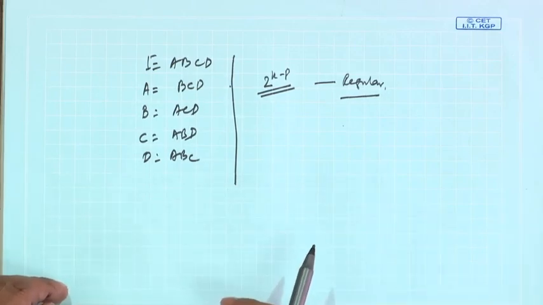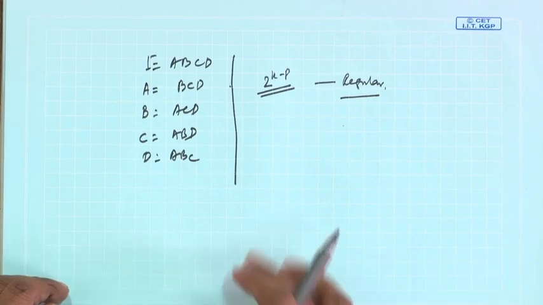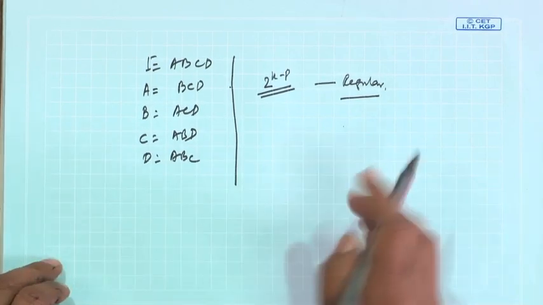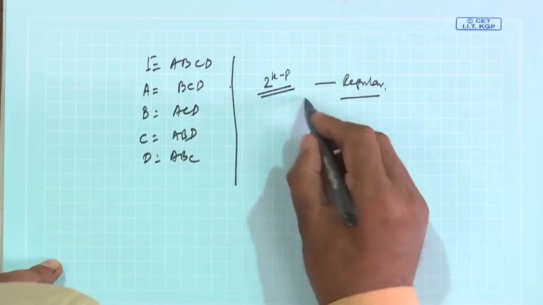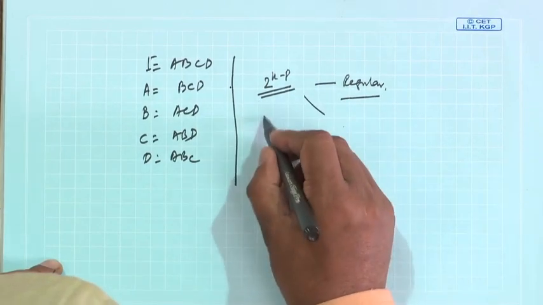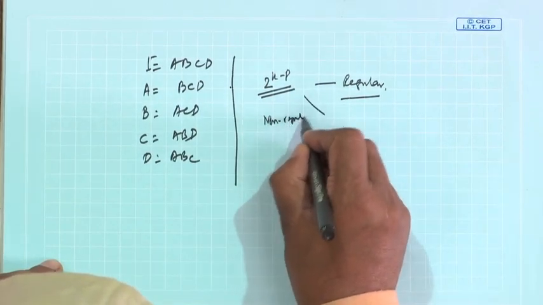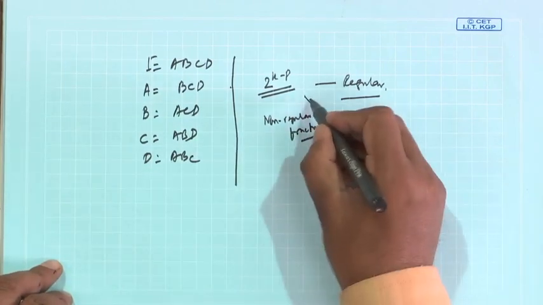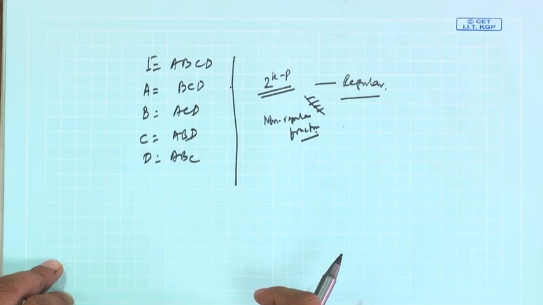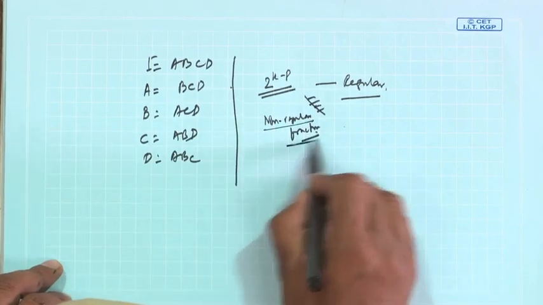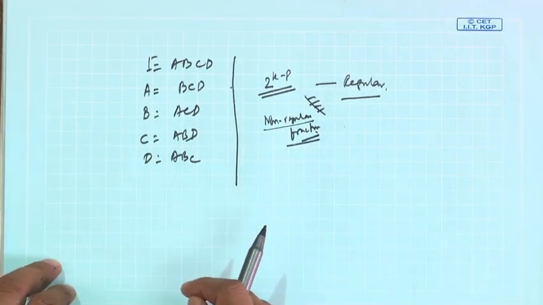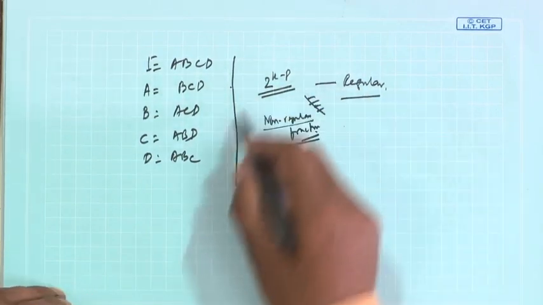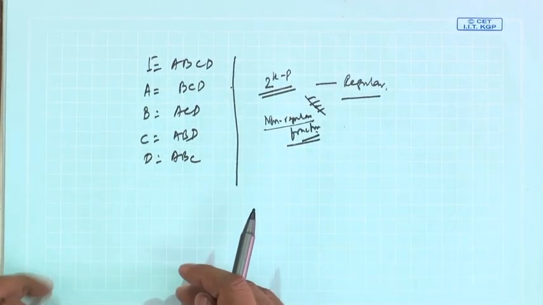In that case, what will happen? It will not be a regular one. So, there will be regular and non-regular fractions. In the non-regular fraction case, the defining relationship will be complex.